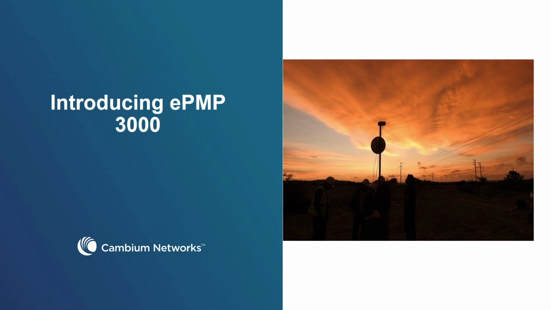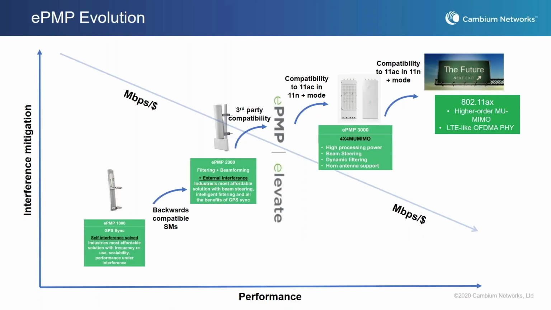All right. So Unit has already done a very good introduction there. I'm going to dwell on how ePMP 3000 has evolved. So to start with, ePMP as a product is our cost-affordable point-to-multipoint solution.